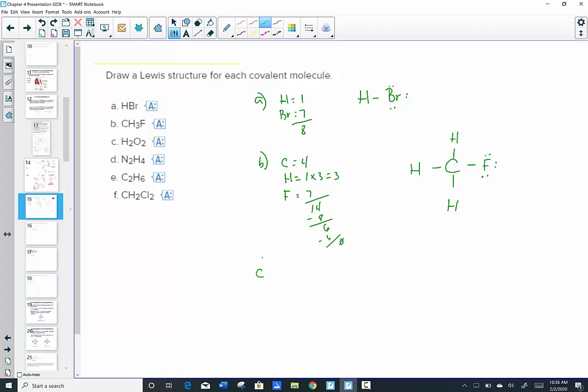Letter C, H2O2. Hydrogen each contributes 1 electron, but there's 2 of them. Oxygen contributes 6 electrons, and there's 2 of them. That gave you 14 dots altogether. Knowing that we cannot place a hydrogen between 2 atoms makes no sense because hydrogen can only have 1 bond. You didn't fall for that.